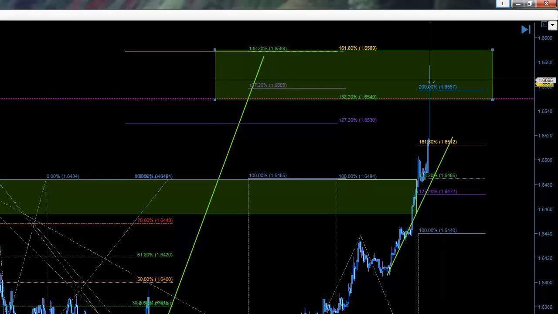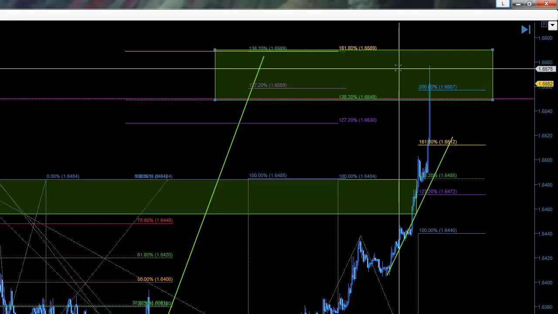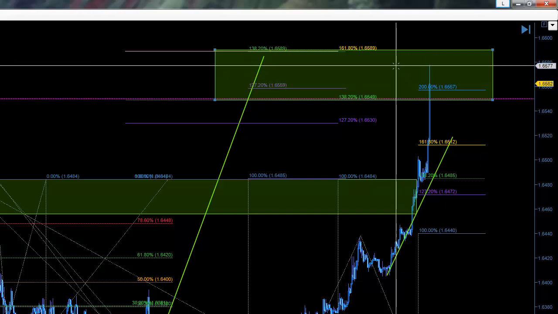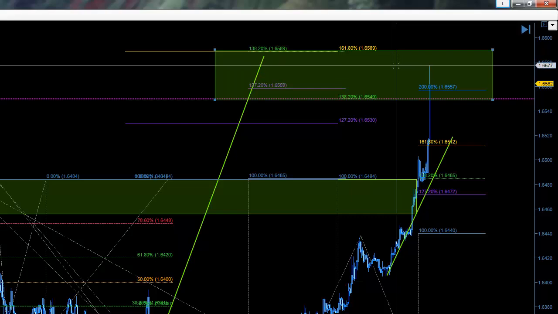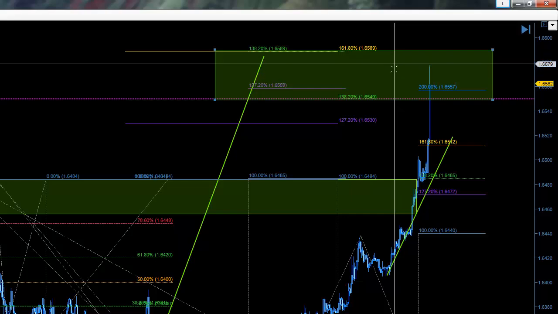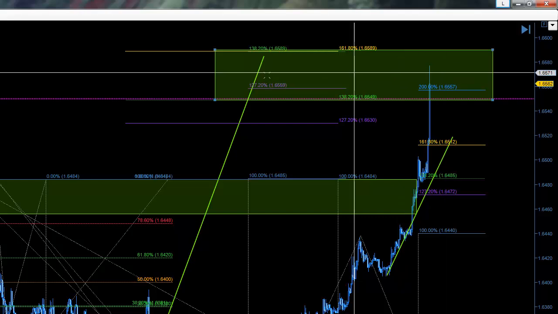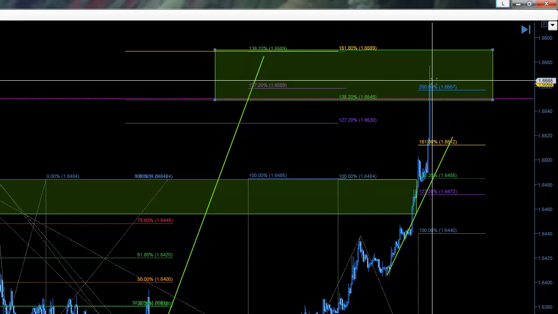We see that we had price pull back away from this area a little bit. It missed our target harmonically, 77 to 85, so it's about 8 pips away from our projection point. That's pretty damn accurate.